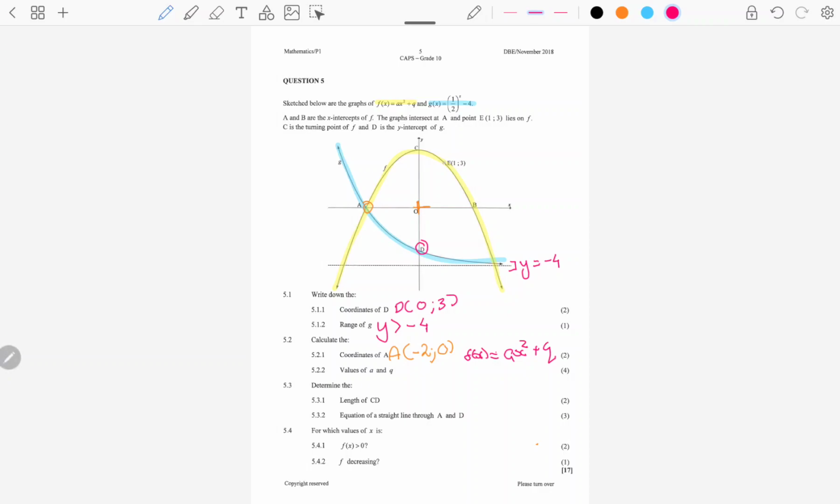We already have the point E of the parabola, which is (1, 3). So we're going to substitute that point in. So 3 is equal to 1a plus q. We'll keep that as equation 1.